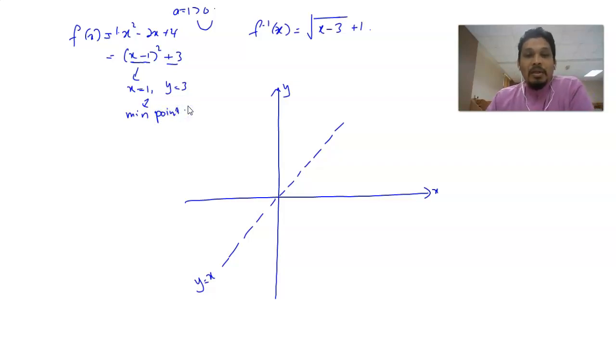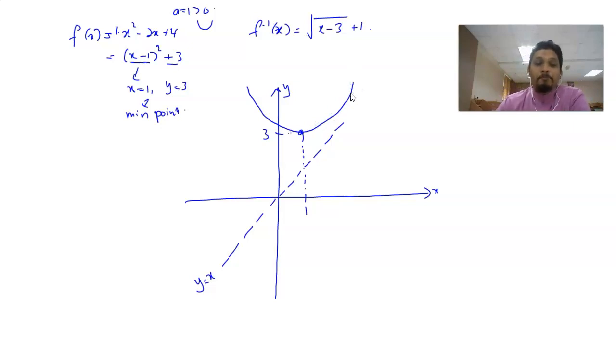So now let's find where x equals 1, y equals 3. The graph will be something like this. So this is the graph with a minimum point of 1 and 3.